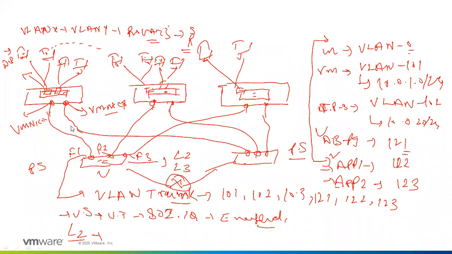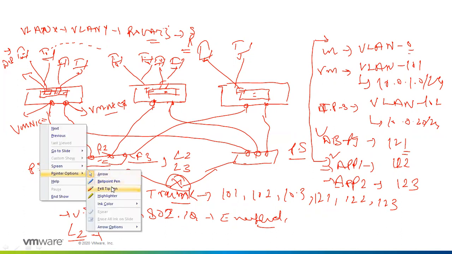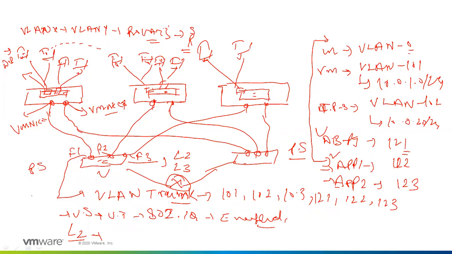It means whatever VLAN I am configuring here, the same VLAN will be configured there, and a trunk port is enabled because any traffic coming from here should be identified by the physical switches.